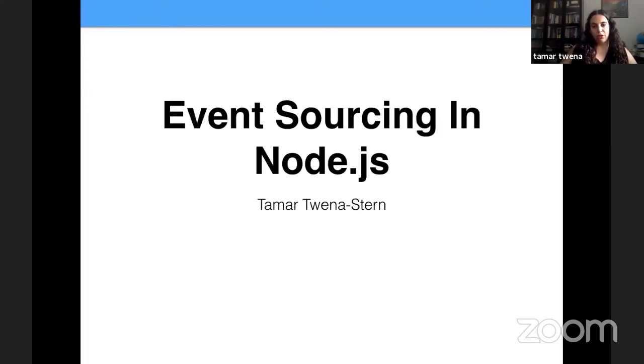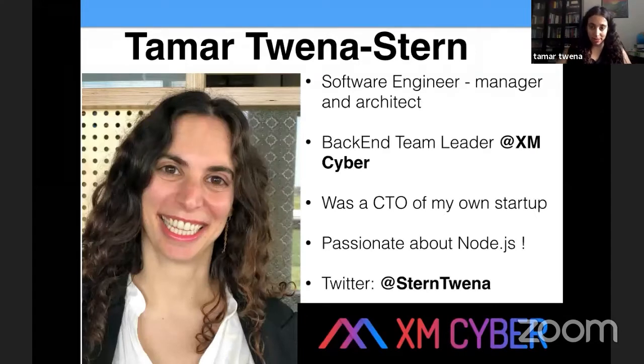So first, I have to present myself because this is an obligation. My name is Tamar. My biggest passion is to write code. I'm a software engineer for more than 10 years. I also manage large development teams, and I worked as an architect for several companies. Currently, I am a backend team leader at a company called XM Cyber.